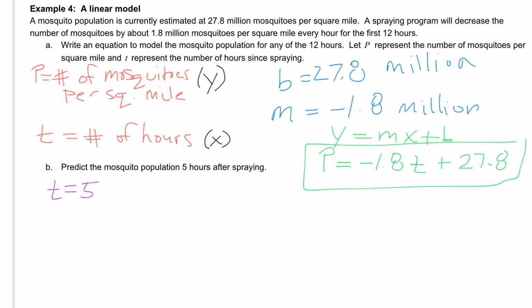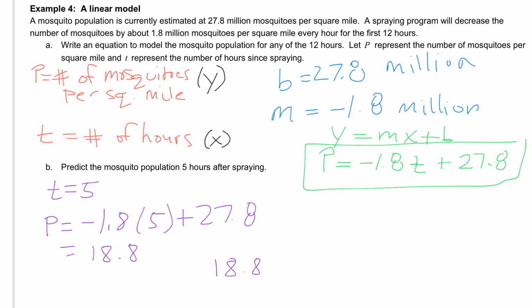So what we get is p equals negative 1.8 times 5 plus 27.8. And if we calculate that, we get 18.8. And remember, we're talking about millions here. So our answer would be 18.8 million mosquitoes.